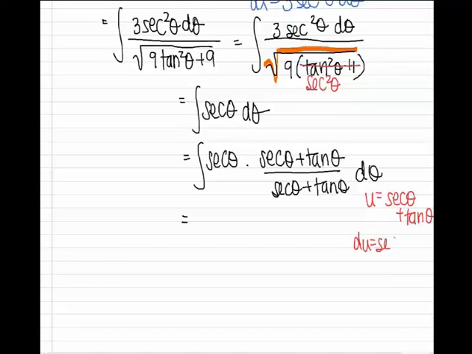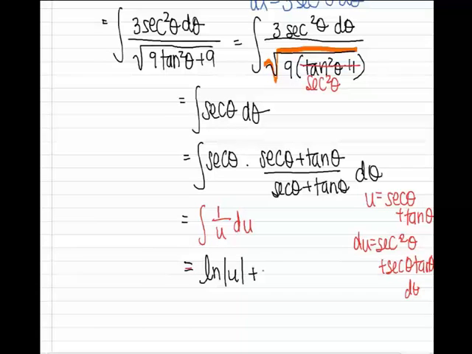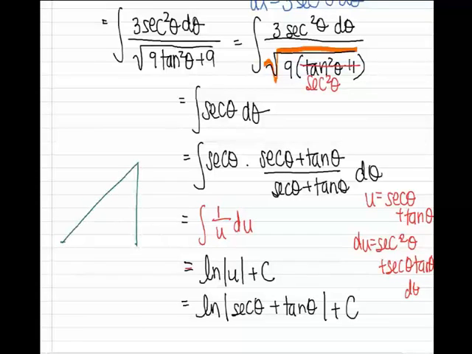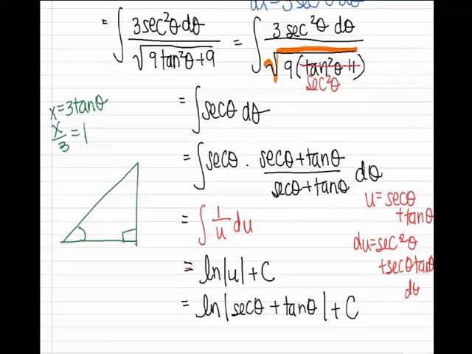I'll go ahead and write it out. This leaves us with 1 over u du, which is a natural log of u plus c, but we can already back substitute right away. It's going to be ln of the absolute value of secant theta plus tangent theta plus our constant. Our original substitution was x equals 3 tan theta, so x over 3 equals tan theta.